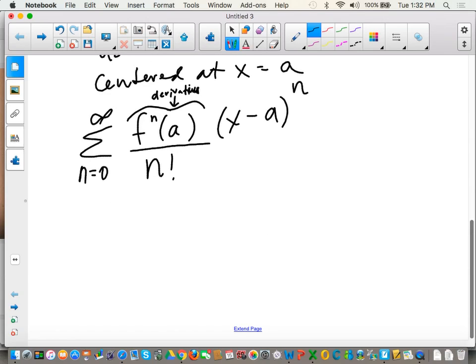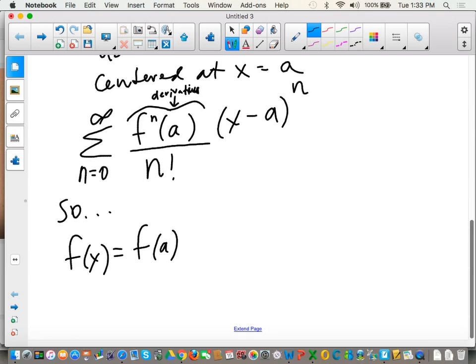And it's kind of hard to see how this would work out in terms of terms. So we're just going to go term by term and show you what would happen. Let's start with n equals 0. So I want to find the 0th derivative. I want no derivative at all. I want the original function, in other words. So f of x is going to be equal to f of a divided by 0 factorial.